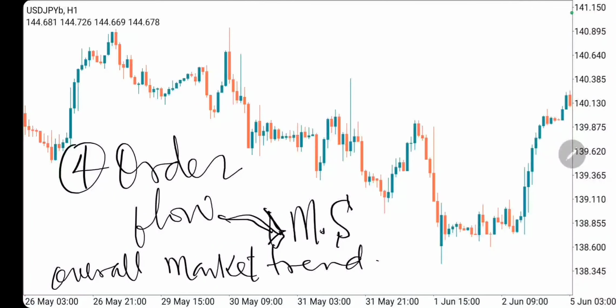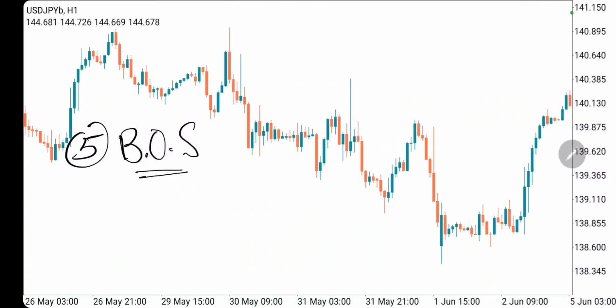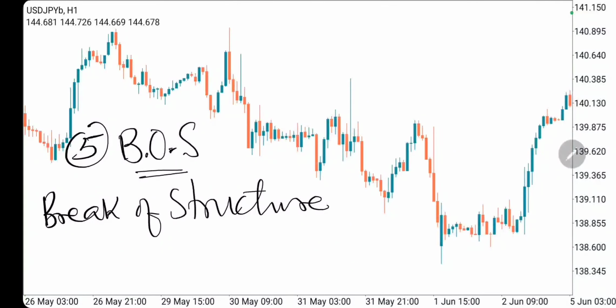All right. So now the fifth concept you need to know when it comes to smart money trading is the principle of break of structure, which we identify as BOS. When you see BOS in a chart explanation, it means break of structure. What does break of structure mean?